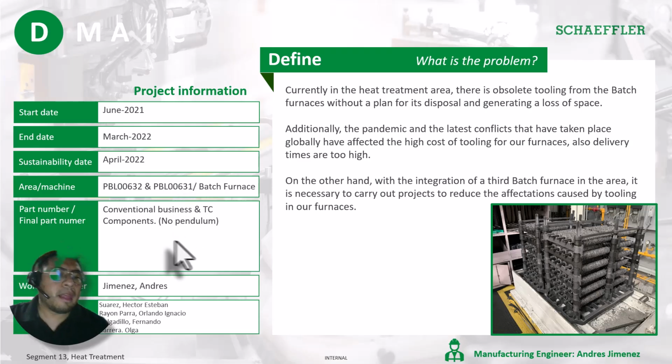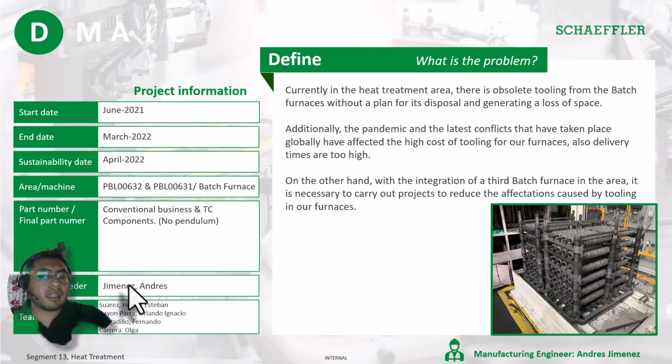At that moment, I was the workshop leader and the responsible person, and my team was the segment leaders, Hector Suarez, and my two bosses, Orlando Rayon and Fernando Delgadillo, and the engineer Olga Carrera.